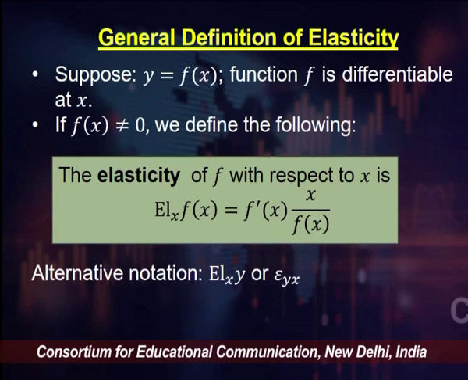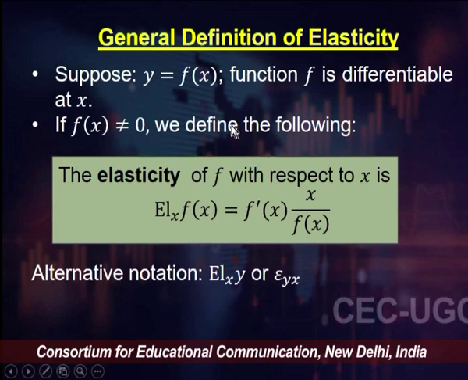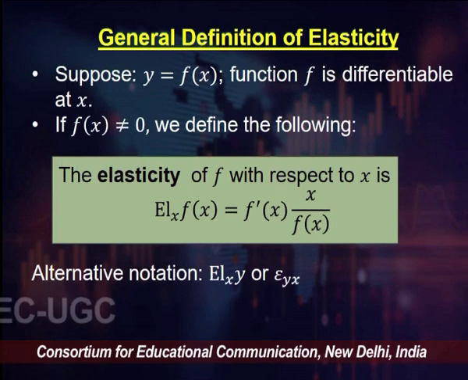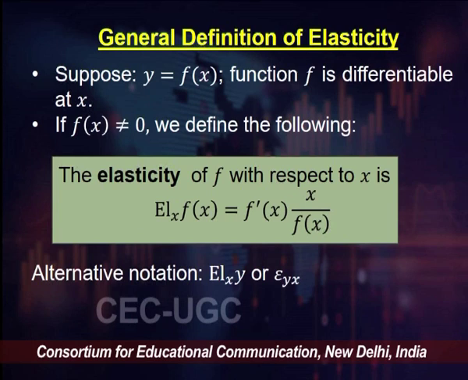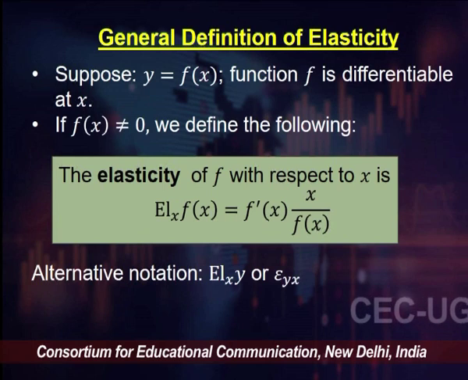So to see how this definition is set up, let's suppose we have a variable y which is a function of x, and here we are taking y as a differentiable function of x for convenience. In particular, we would like our measure of elasticity to be independent of the size of the change in x.